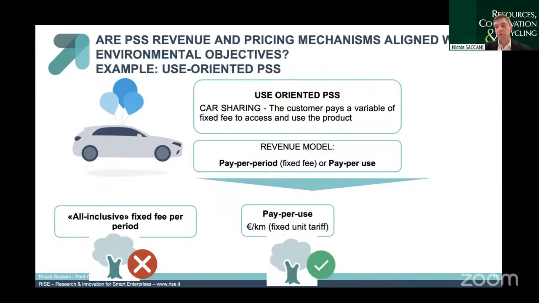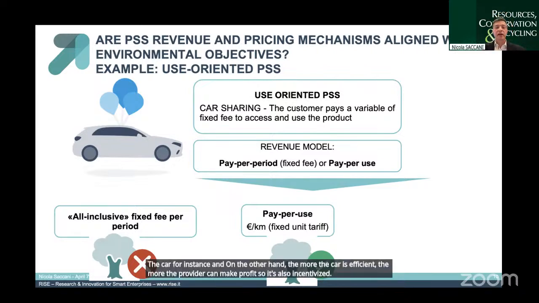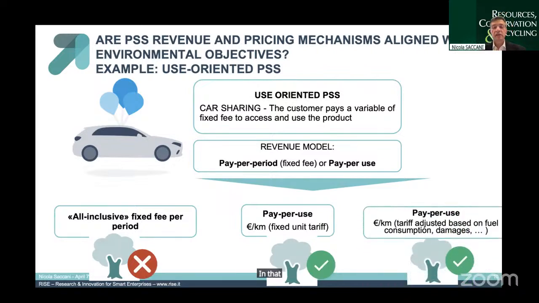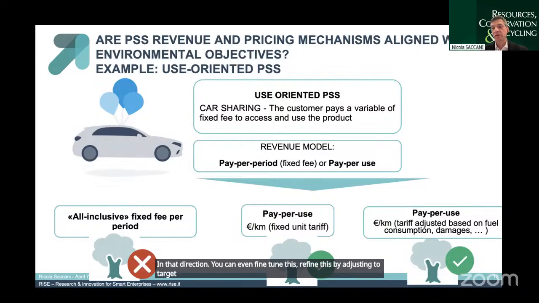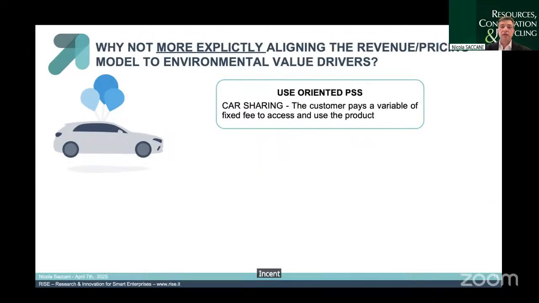So it's also incentivized in that direction. You can even fine-tune this, refine this by adjusting the tariff based on the driving behavior. So to price driving behavior that consumes less, avoids damages, and so on. So to better align with environmental incentives. You can do even more.